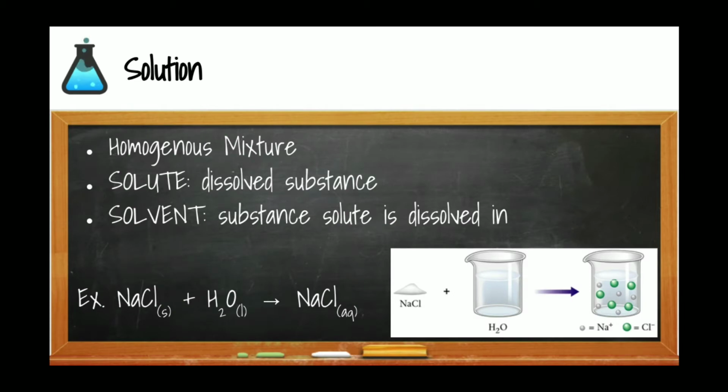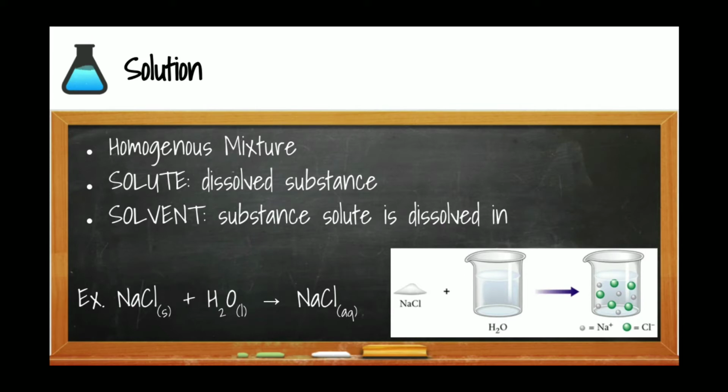A solution is a homogeneous mixture. Recall that mixtures occur when two or more substances are physically combined. Because the substances are physically combined, they maintain their properties. So here we're going to make the homogeneous mixture of salt and water.